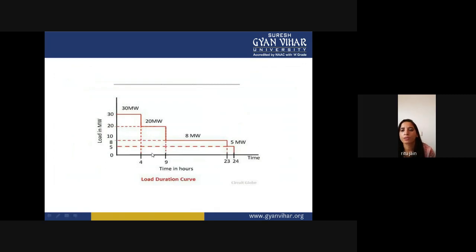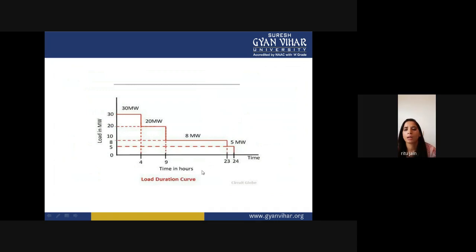In another load duration curve, you can see that for 4 hours the load is 30 megawatt. You can see that we are arranging the loads in descending order: first 30 megawatt, then 20 megawatt, then 8 megawatt, then 5 megawatt.